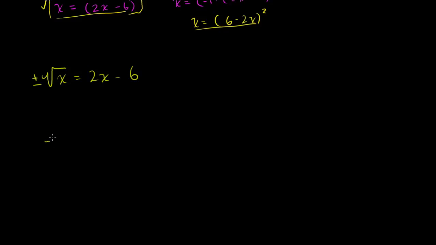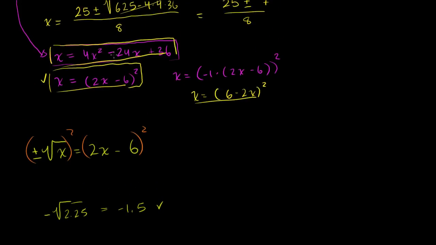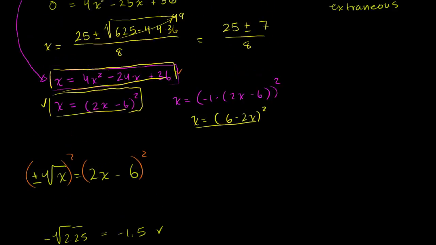If you take the negative square root of 2.25, that is equal to 2 times 2.25, which is 4.5 minus 6, which is negative 1.5. That is true. The positive version is where you get x is equal to 4. So that's why we got two solutions. And if you square this, maybe this is an easier way to remember it, you actually get this equation that both solutions are valid.